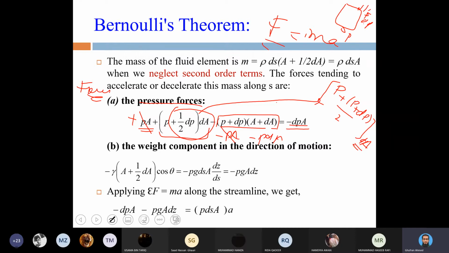So in the figure, the fluid weight is written as gamma A ds with a negative sign as it is acting downward.